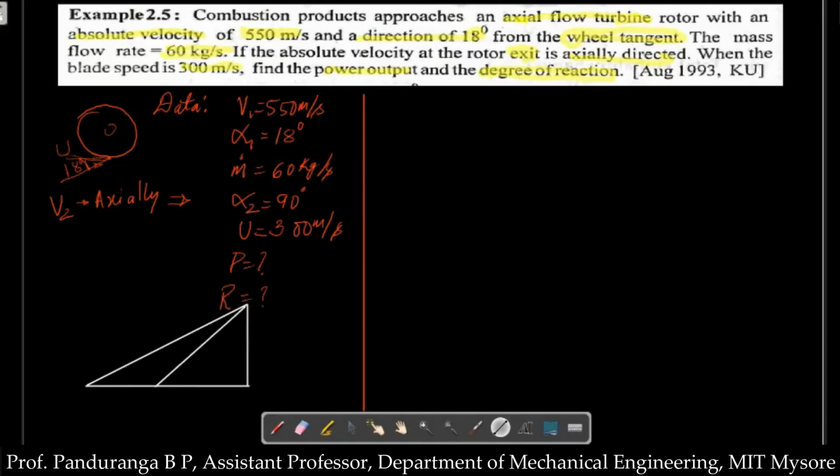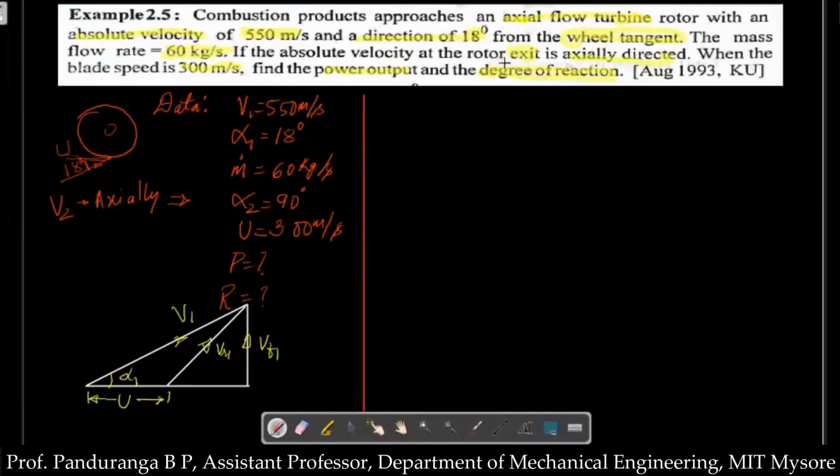We have the as usual components: V1, VR1, and VF1, and this is alpha 1, which is given as 18 degree, and from here till here it is U. They haven't given any condition for the inlet velocity triangle, so I'll write the normal inlet velocity triangle.